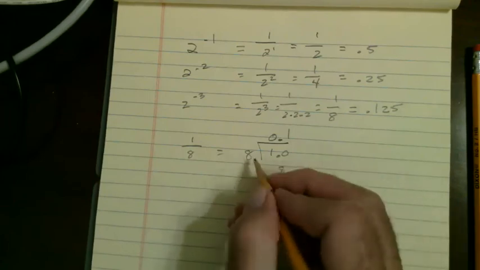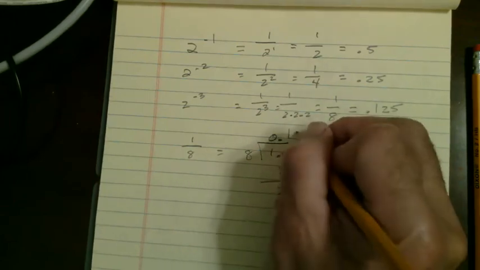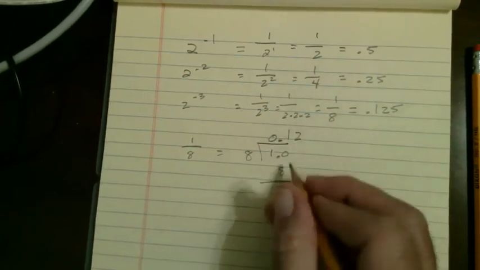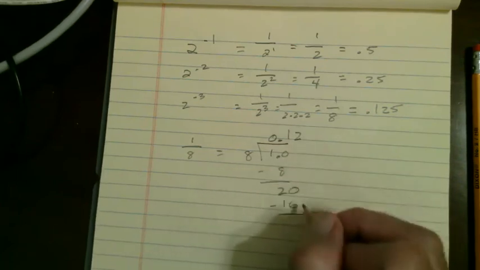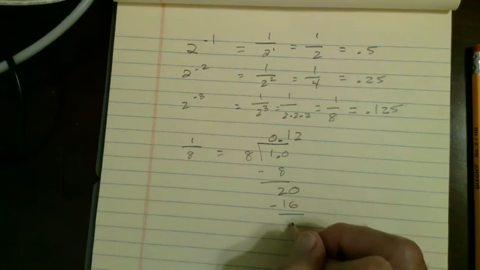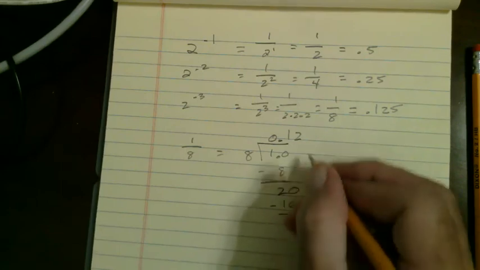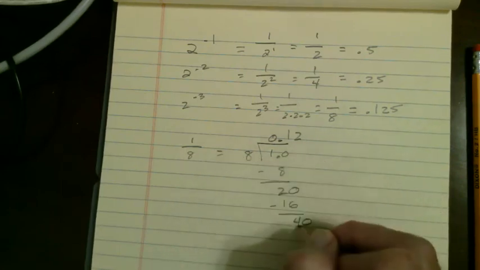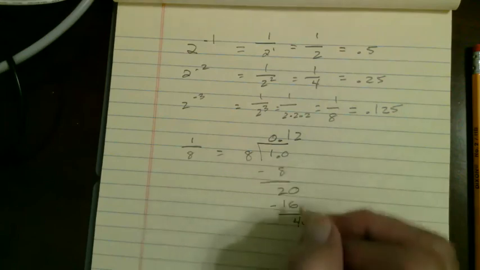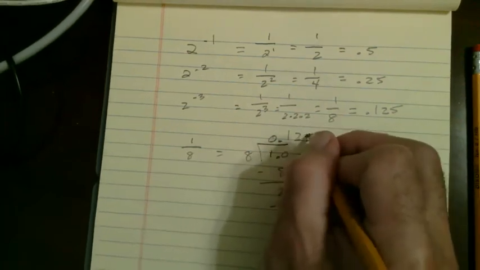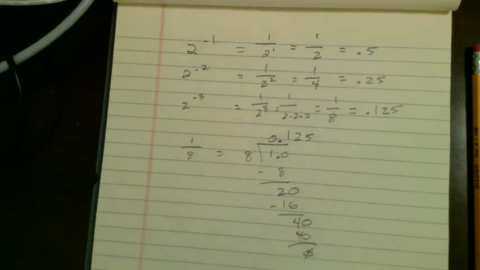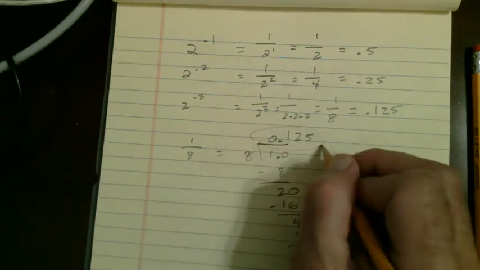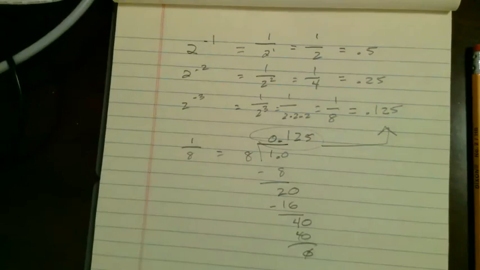I bring down a 0. 8 into 20 goes 2 times. That's 2 times 8 is 16. We do the subtraction. I'm left with 4. I bring another 0 down. 8 into 40 goes 5 times. 5 times 8 is 40. And my remainder is 0. And I can stop. There's my decimal value.